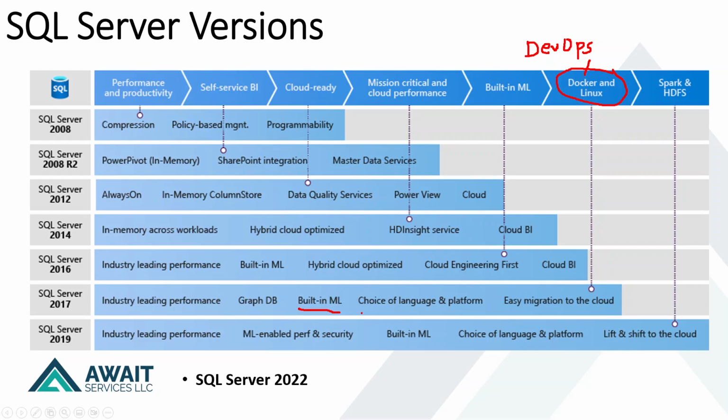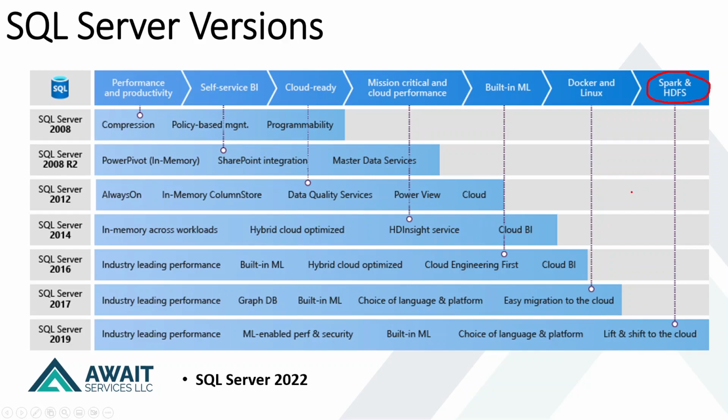So after 2017, there was no version released in 2018, but then we had a new version in 2019. And then in 2019, we had this feature, Spark and HDFS.